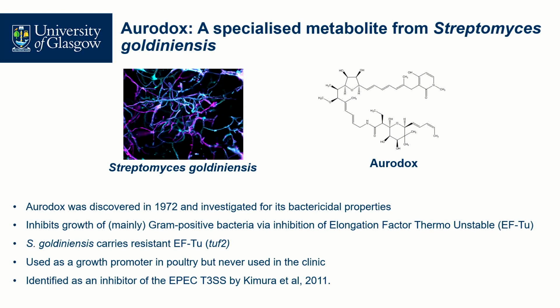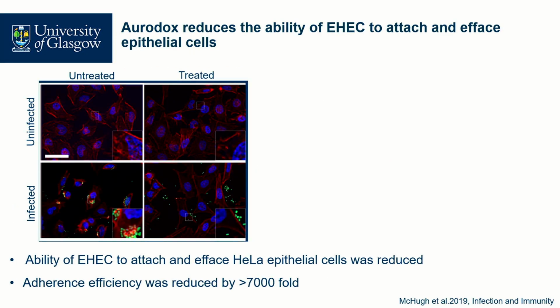And actually in 2011, it was pulled out from one of these huge compound screens as a potential inhibitor of the EPEC and EHEC type 3 secretion system. So this is where my work came in. We decided to look at whether or not the compound could block infection. So you can see in this bottom panel here, we've got our infected cells on the left-hand side that are untreated.